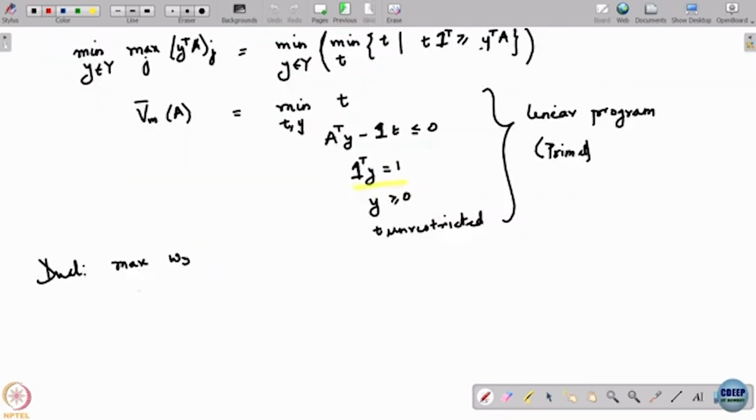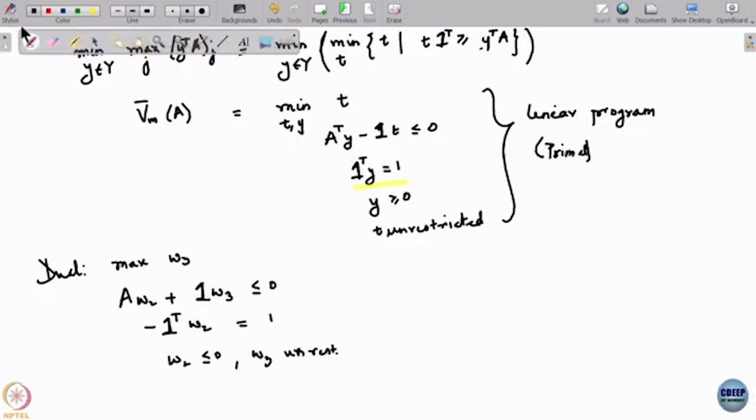So the constraints are that A times W2 plus 1 times W3 is less than or equal to 0, negative 1 transpose W2 is equal to 1, W2 is less than or equal to 0 and W3 is unrestricted.